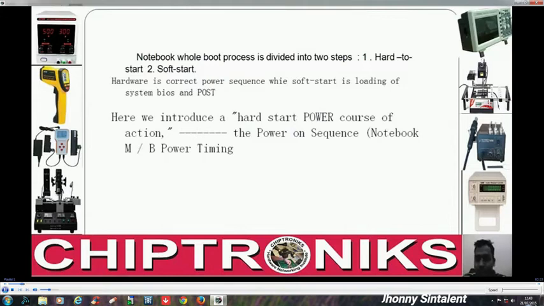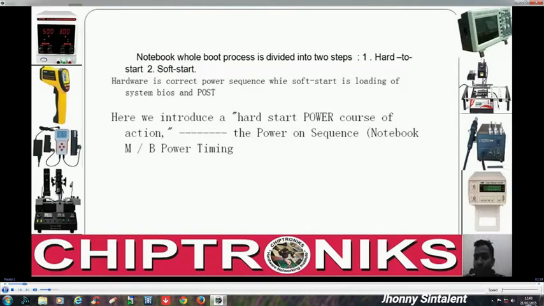So how does a notebook start? It can be divided into two parts: one is the hard start and another is the soft start. Hard start is when every component of the notebook motherboard receives power, but it's still not working because it has not received logic, the way it has to operate, and that it gains from the BIOS.